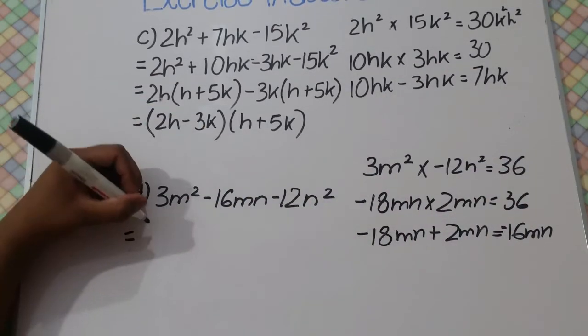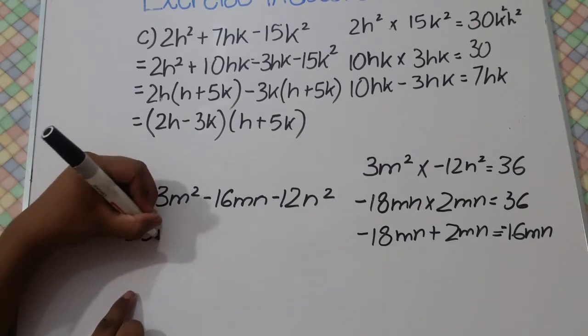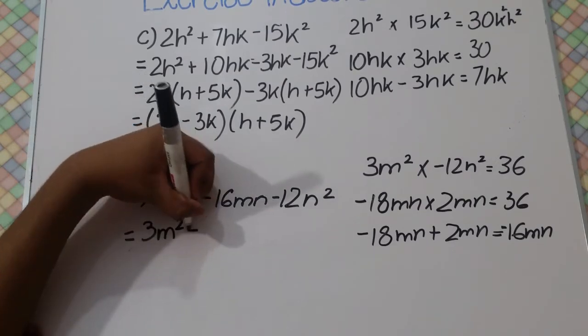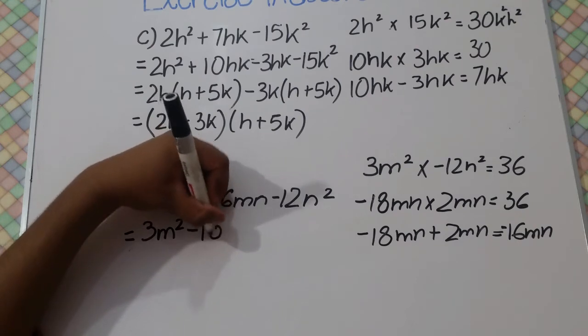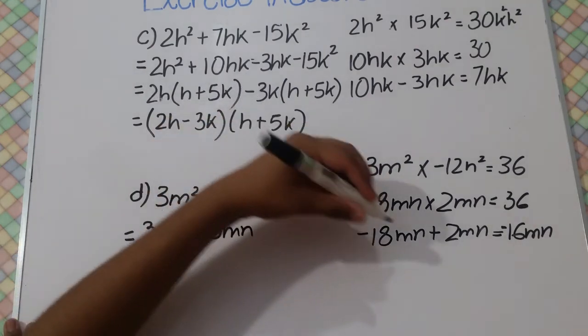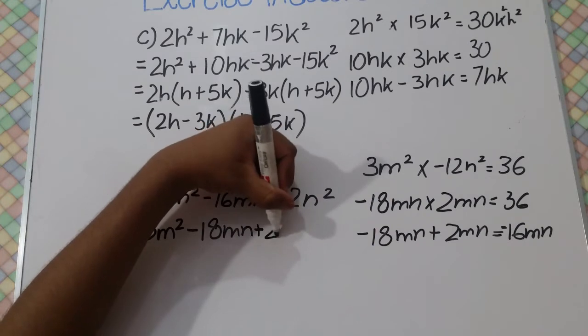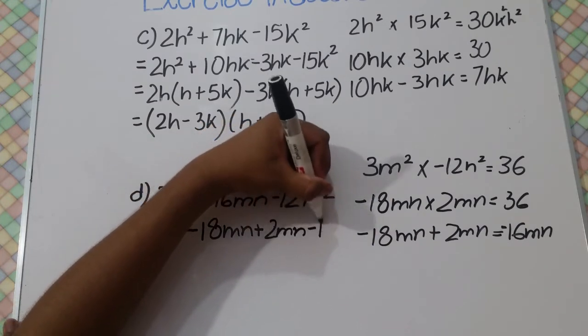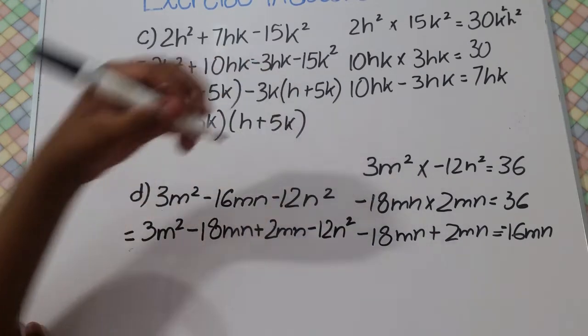Okay, now we are going to write this expression: 3m square minus 18mn plus 2mn minus 12n square.